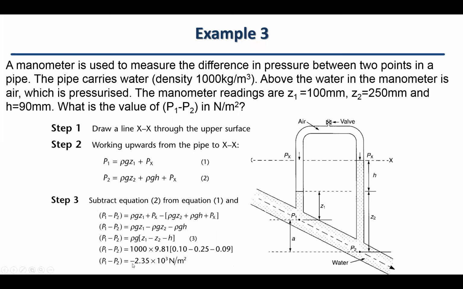So just bear in mind and pay attention to this point that the difference in pressure is negative. Meaning that we have a negative pressure difference here, and the pressure at this point is lower than the pressure at this point. So the pressure at this point is higher than that.